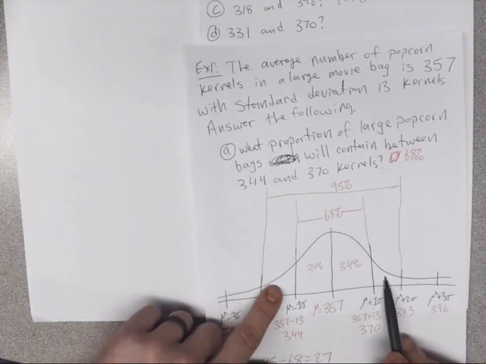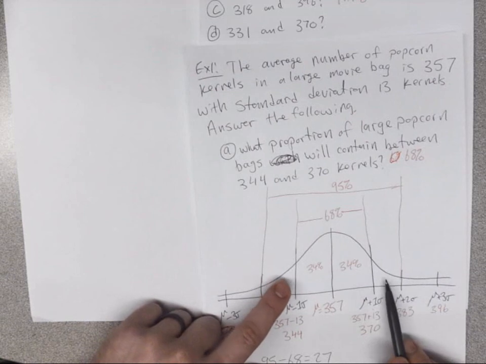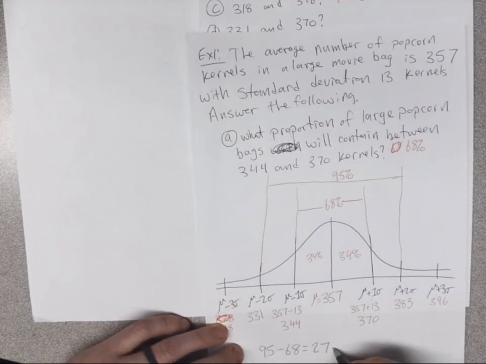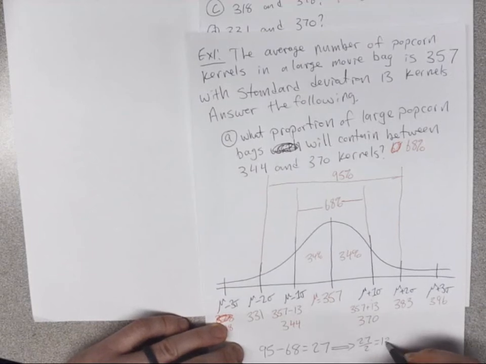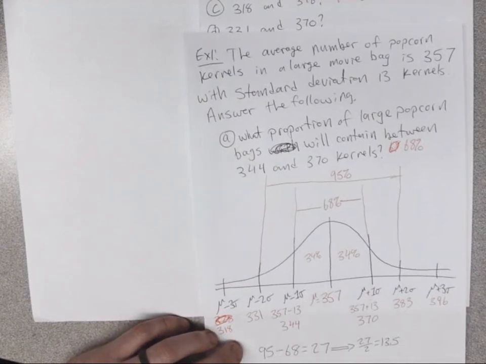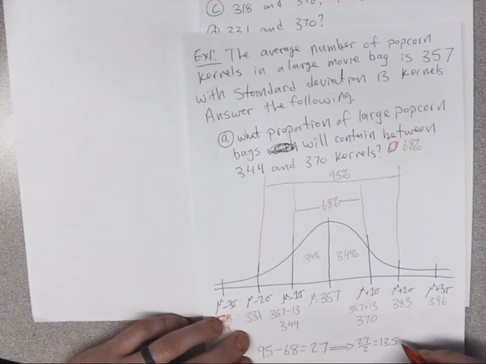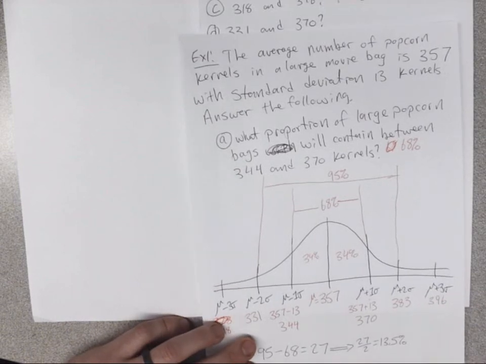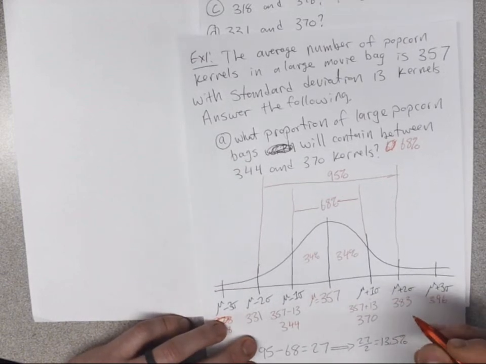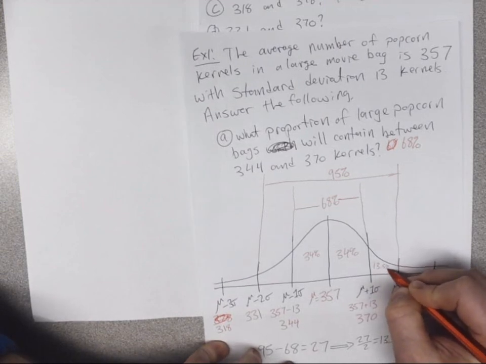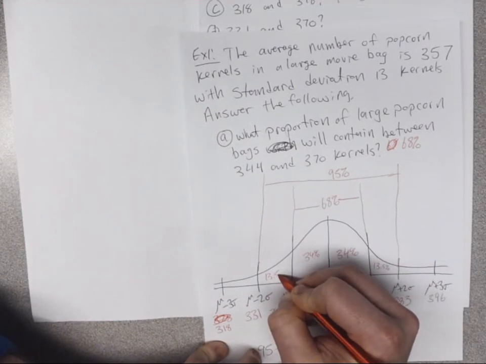So that means that 27% lies in these two total. Then 27 divided by 2, which is 13.5, lies in each. So to rewrite that, 13.5% lies here, and 13.5% lies here.